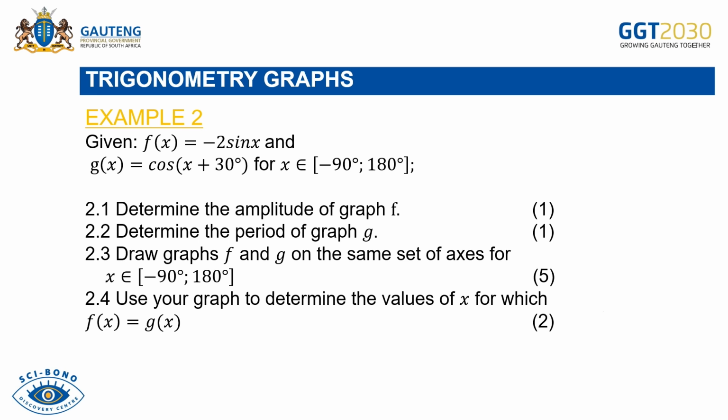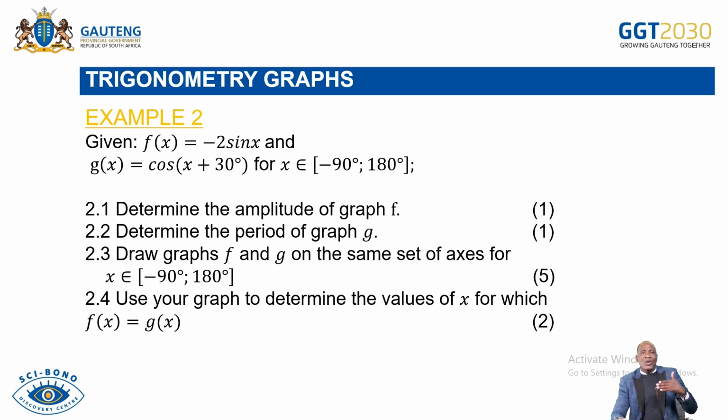Yes, the amplitude for graph f is going to be a 2. Yes, we're seeing a negative 2. We know what that negative 2 implies. It means that the sine graph was doubled and then reflected on the x-axis, then it became negative 2 sine x. That's actually a reflection across the x-axis because it's affecting the y values. What should have been a 2 is now a negative 2.